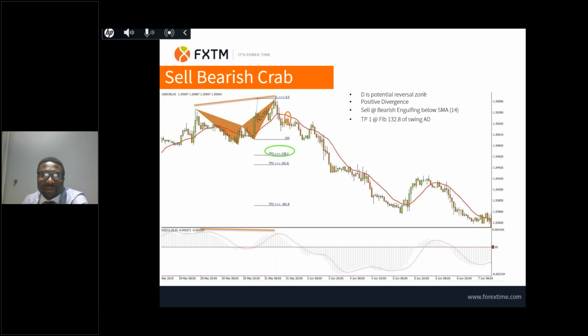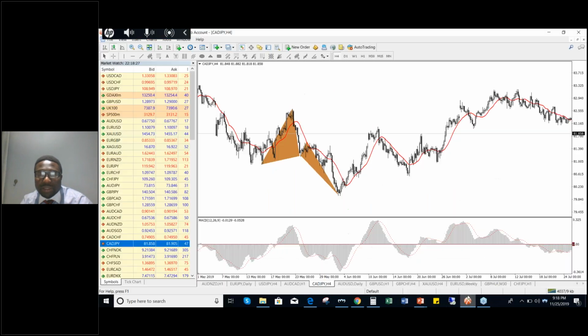My first take profit, my second take profit, and my third take profit. Price hits all of them. And then my stop loss is at point D. Okay, let's go to chart and take that practical example before I take questions.